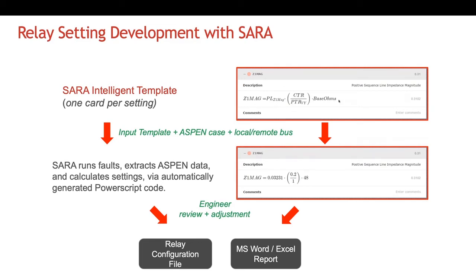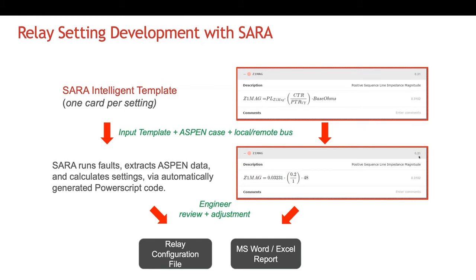So the user defines this equation, and then you specify this template along with your ASPEN case and define the local and remote bus. And then SARA will extract ASPEN data. In this case, it's impedances. In other cases, there might be fault studies with contingencies, N-1, generator contingencies, et cetera. And it's going to calculate the settings and automatically put them up there on the right.